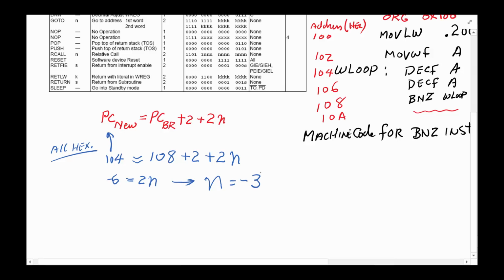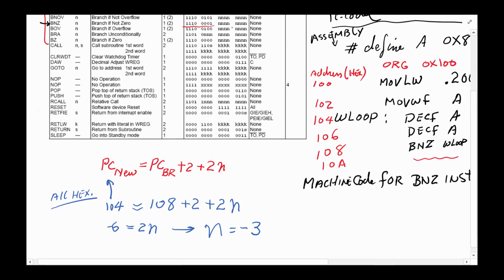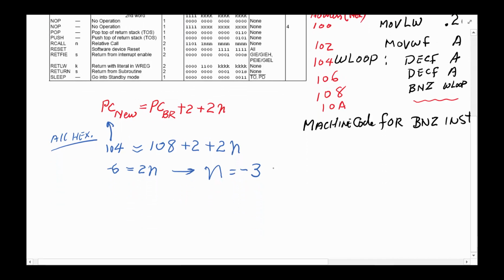Remember, for this particular branch, n has to be 8-bit, so I have to write this n in 2's complement. First, we write n as regular binary: minus 00000011.